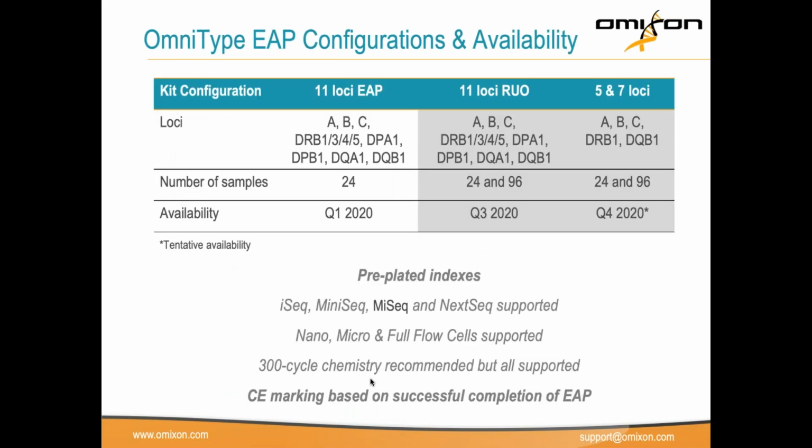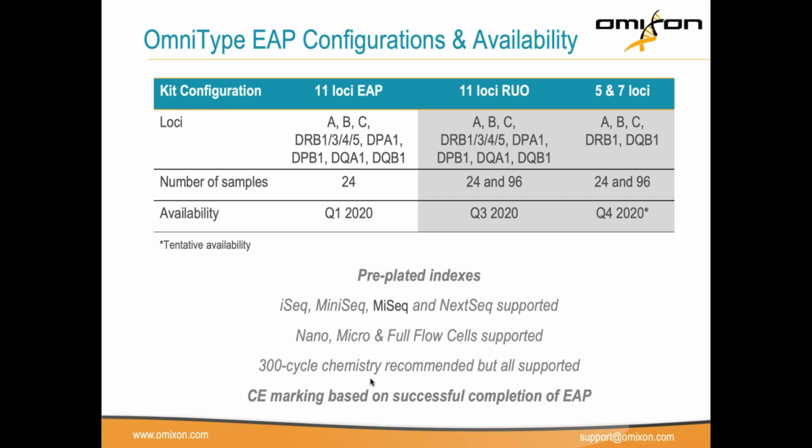So, to sum up on what exists right now and what we estimate for current availabilities. Right now we have the 11 locus EAP kit configuration, the phase 2, as I mentioned earlier. Phase 1 was available in Q1 of 2020. The phase 2 kit is going to be available in a couple of weeks.